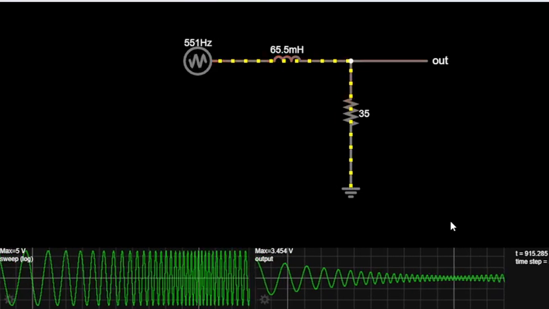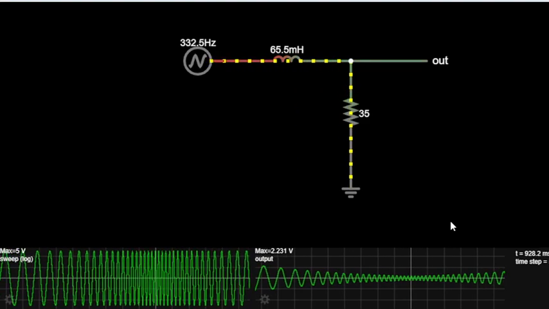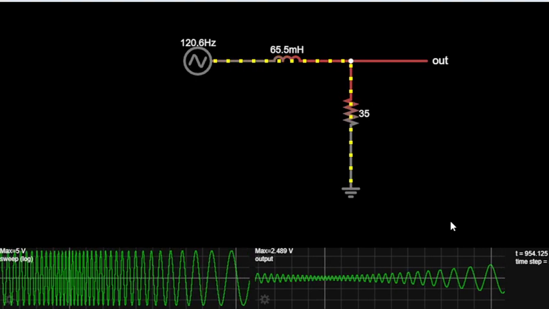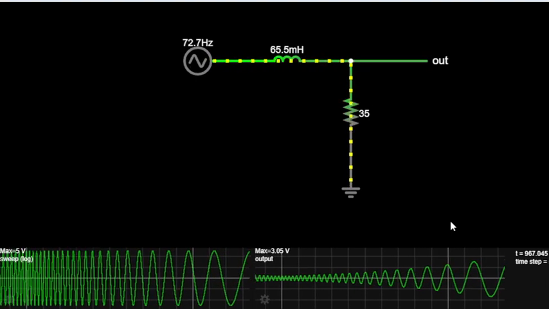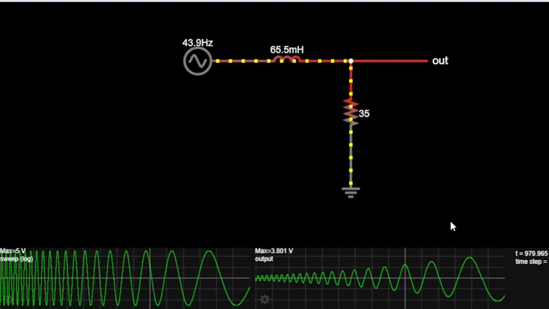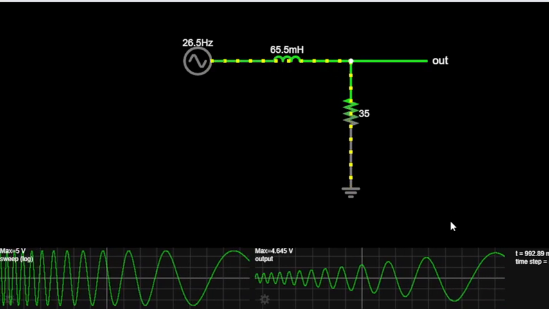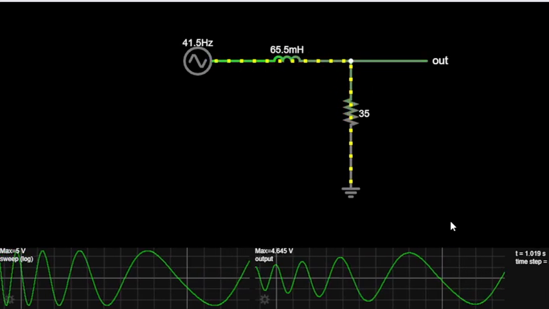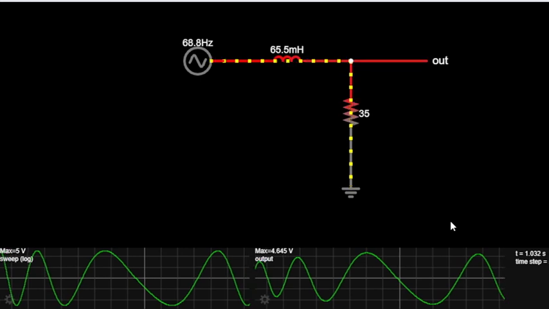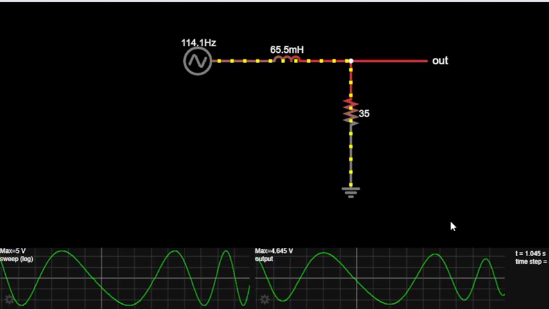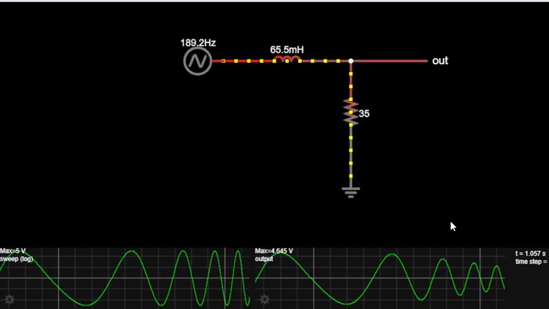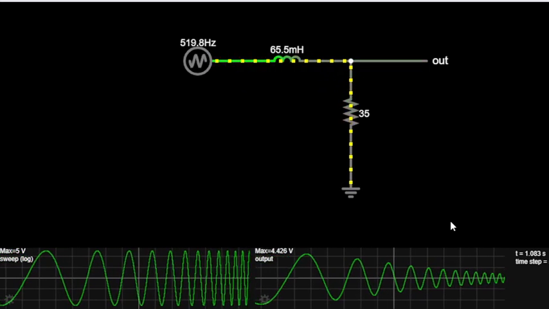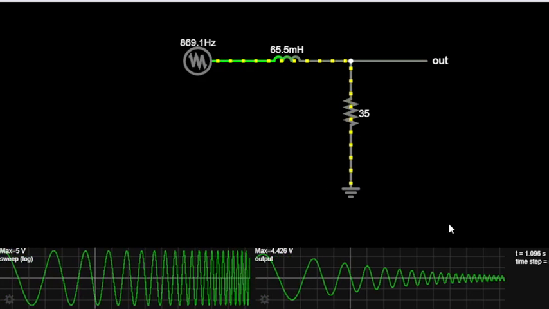As graphically represented here, the frequency response of the RL low-pass filter showcases the ability to pass low-frequency signals nearly unaltered while attenuating higher frequencies. This response is crucial in applications where certain frequency ranges need to be filtered out. As you can see, its name is low pass filter.